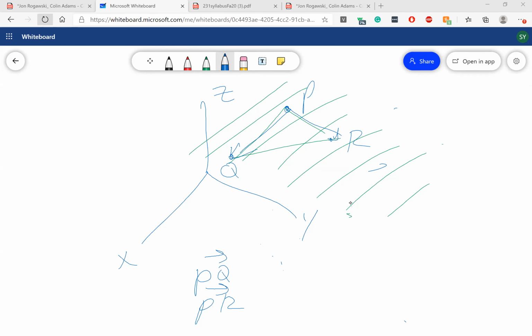And now in order to find this plane, we need to find its normal vector. So we need to find a vector orthogonal both to PQ and to PR. Some vector like this. And that's going to be the vector PQ cross PR. That's going to be our normal vector.